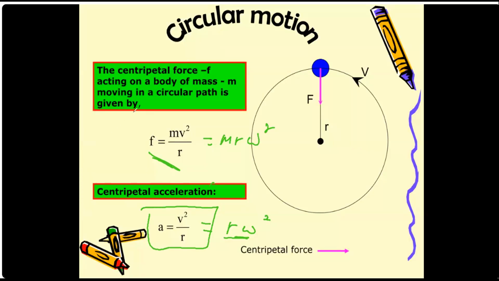What we're doing is replacing v squared over r with r omega squared, right? Let's keep that in.